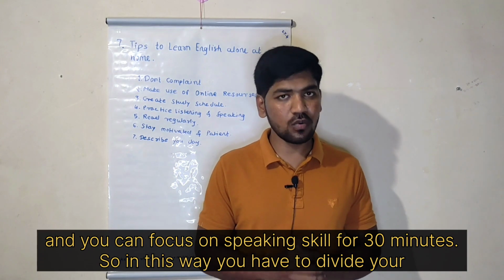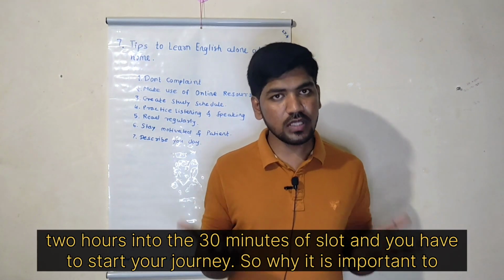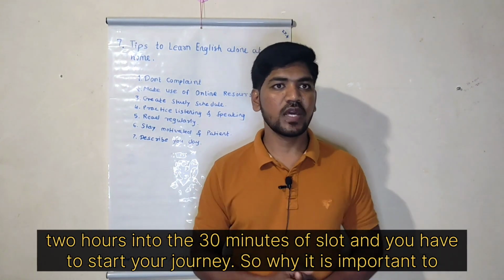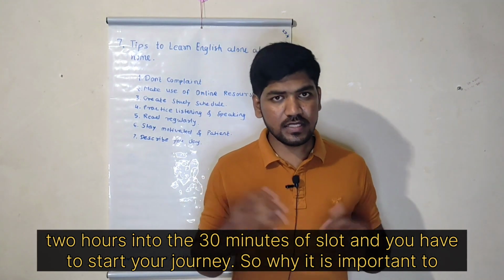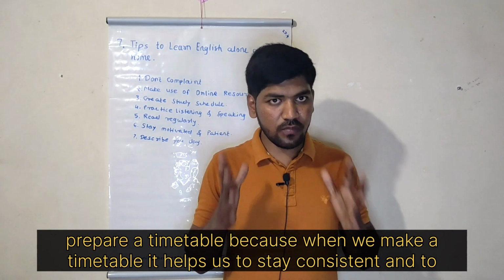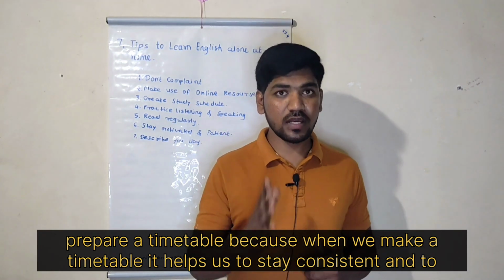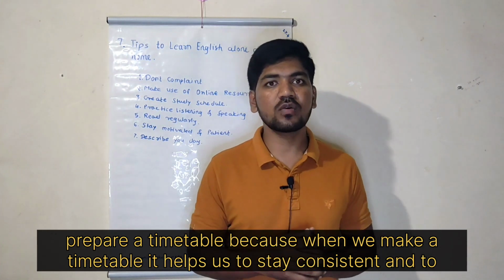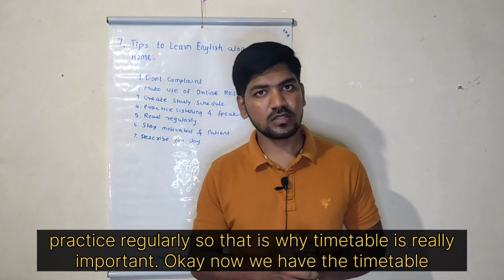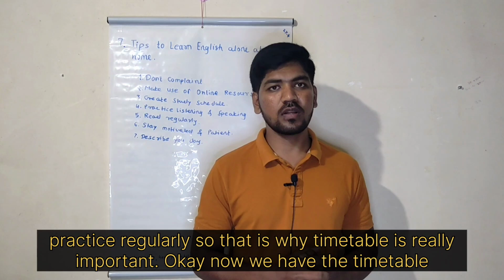In this way you divide your 2 hours into 30-minute slots and start your journey. Why is it important to prepare a timetable? Because when we make a timetable, it helps us to stay consistent and to practice regularly. That is why a timetable is really important.